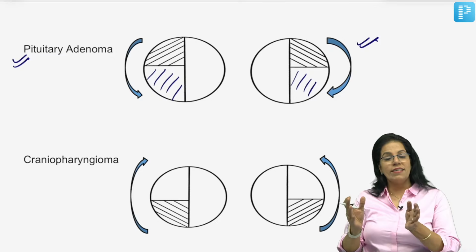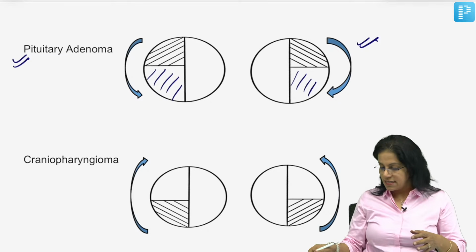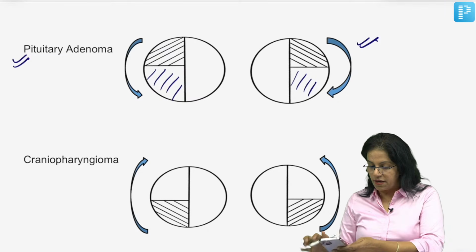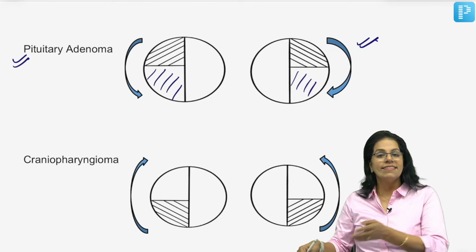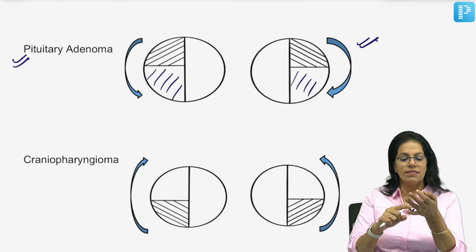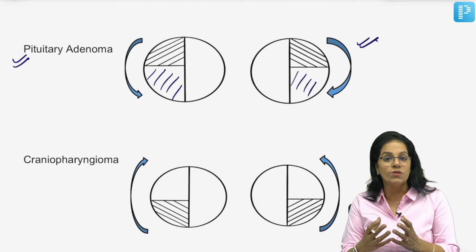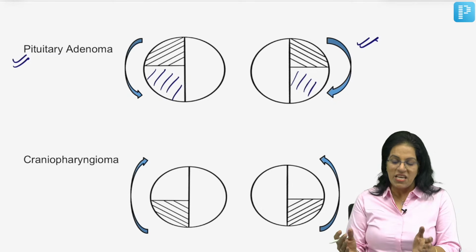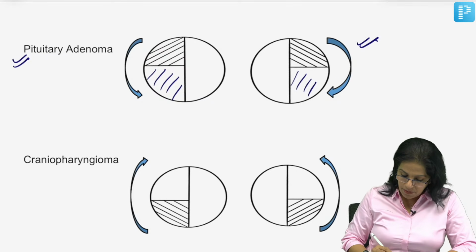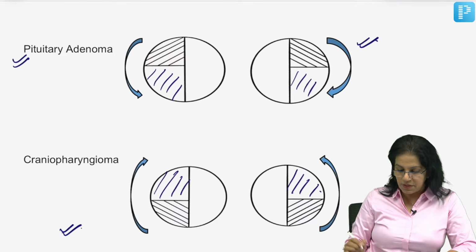So, if you revise the anatomy, you will understand this. Craniopharyngiomas, pituitary adenomas and aneurysms of the circle of Willis are again very important causes of chiasmal lesions. So, just remember, if you are talking about craniopharyngioma, it starts from inferior quadrantanopia and then covers here. In case of pituitary, it is just the opposite.